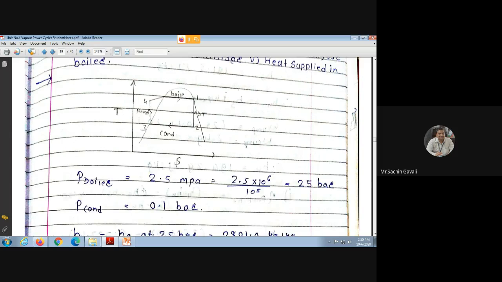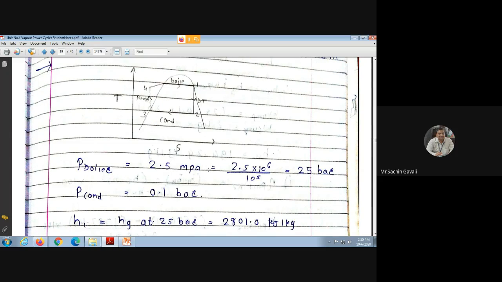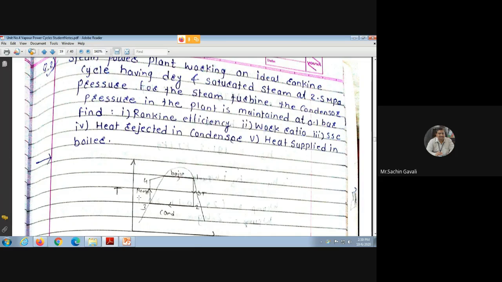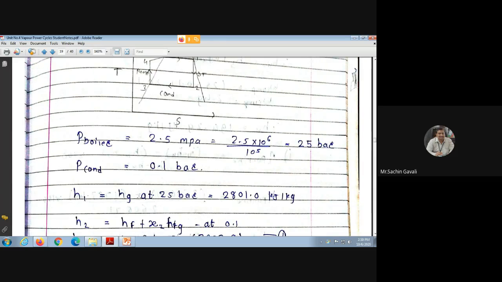P boiler is 2.5 megapascal, that is 25 bar. Condenser pressure is 0.1 bar. Already mentioned in bar, therefore no conversion.